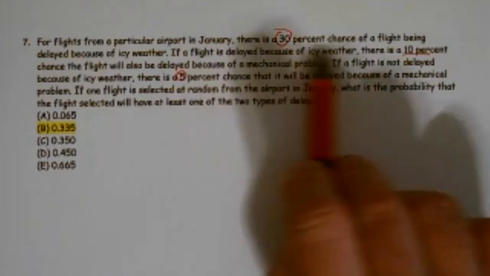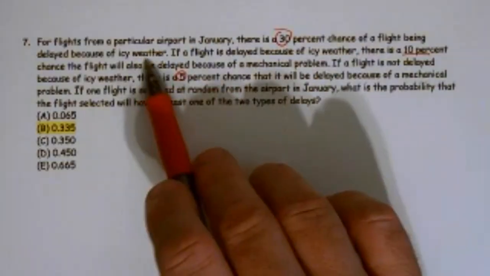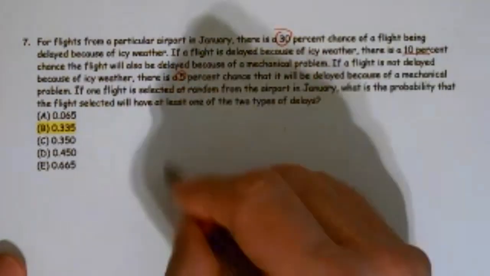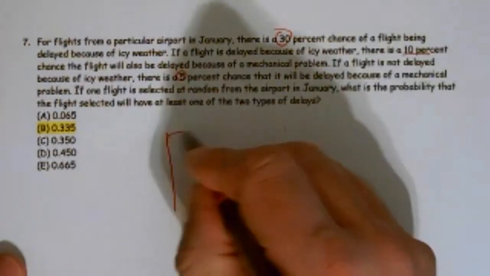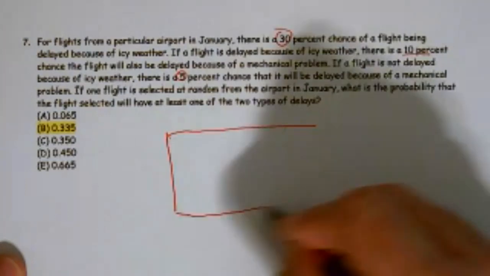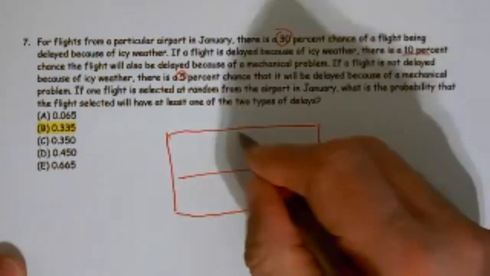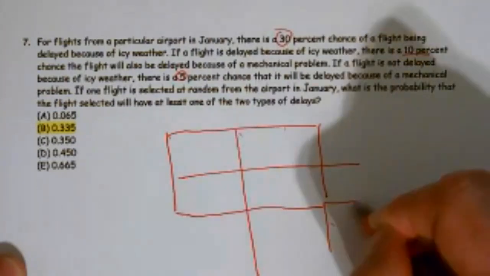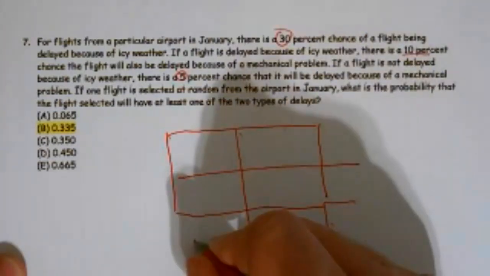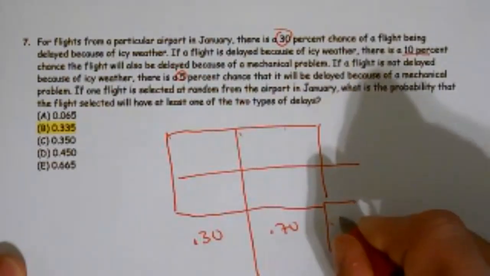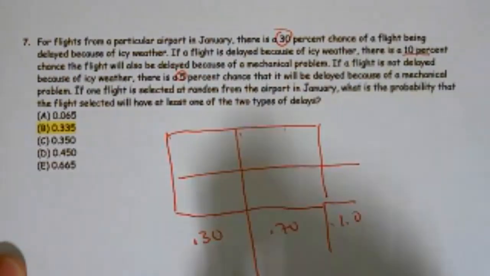And here there's a 30% chance because of icy weather. So that is my starting point, because that number is only associated with one variable. So with that being the case, 30% is going to go right here. This is going to be 0.70. This is, of course, one whole.